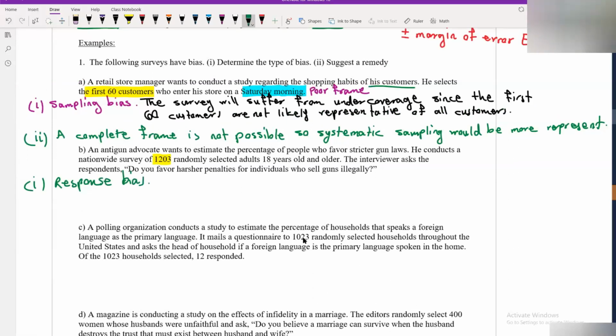So this one is response bias, and the question is poorly worded. It's better to ask that question in different words.